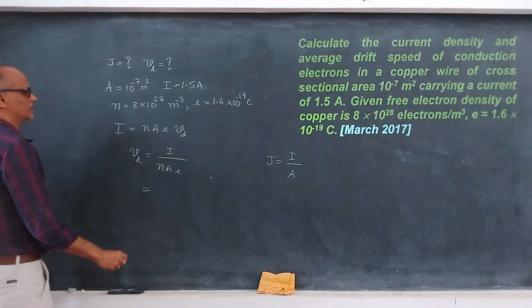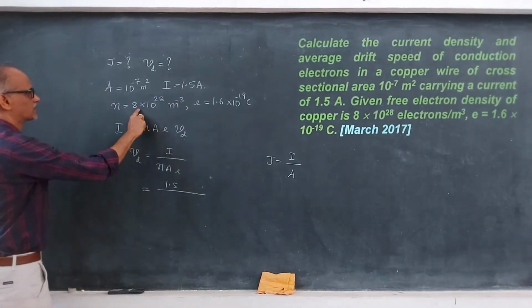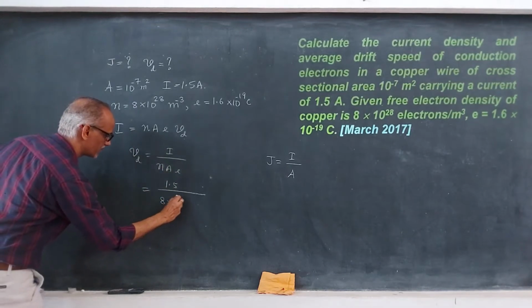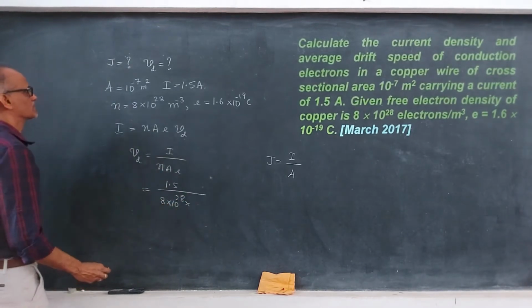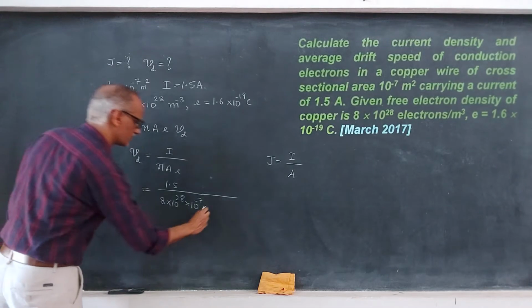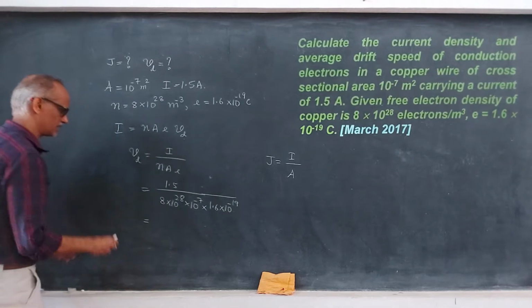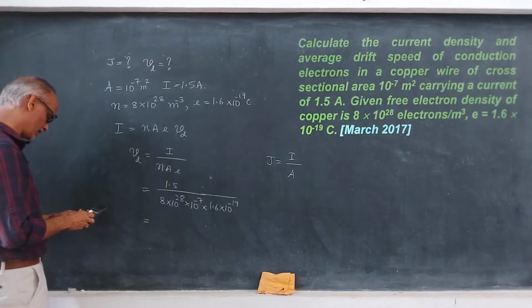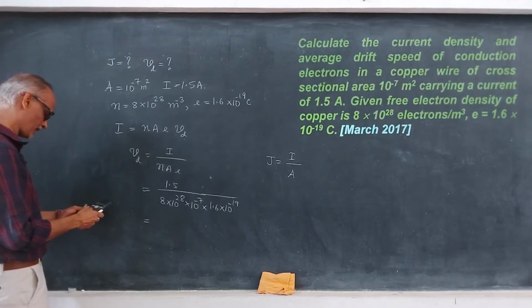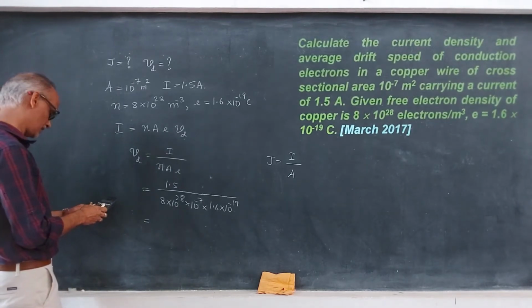So, the value of Vd is 1.5 divided by the number of free electrons per unit volume, 8 × 10^28, and the area of cross section, 10^-7, and then divided by the charge e, which is 1.6 × 10^-19.